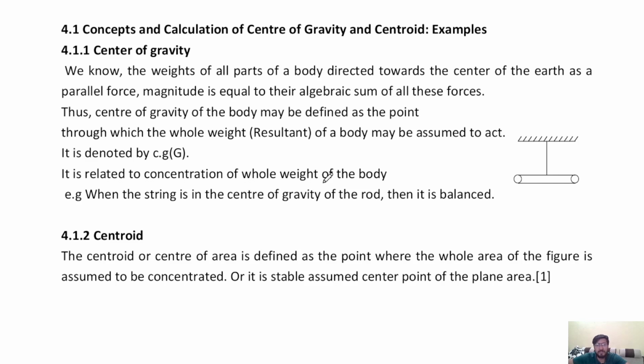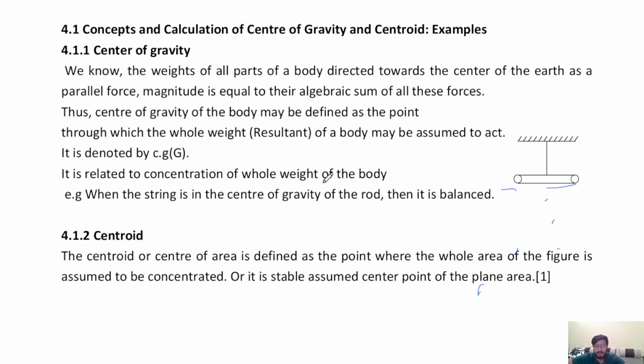Thus, center of gravity of the body may be defined as the point through which the whole weight or resultant of a body may be assumed to act. It is denoted by Cg or G. It is related to concentration of the whole weight of the body.